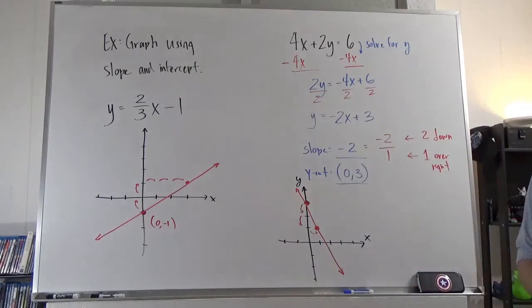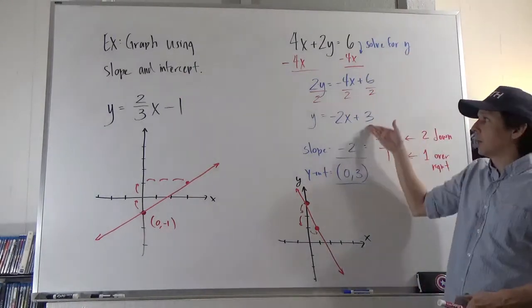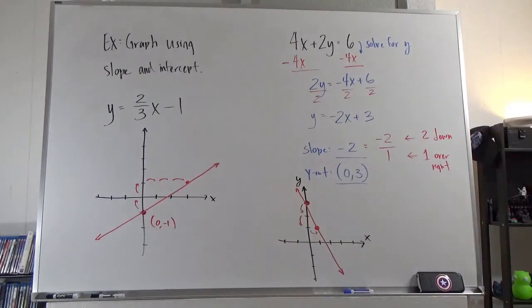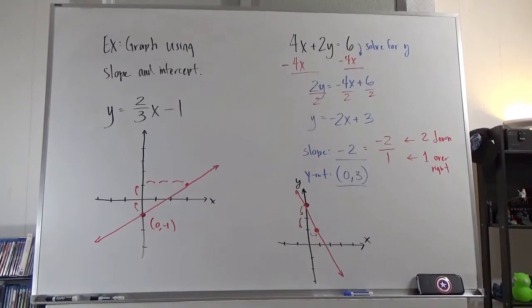Okay, and that's how I'm doing it. But you have to solve it for y to get it in slope-intercept form to be able to use the slope and intercept. All right, what else I got? Okay, I'm going to pause it here. And next type of problem.